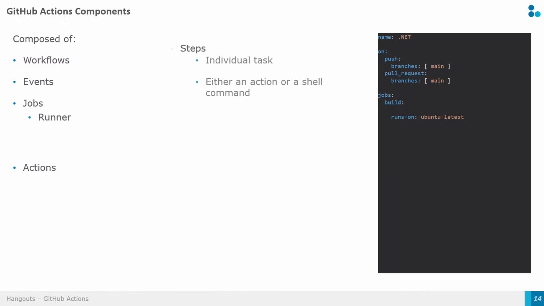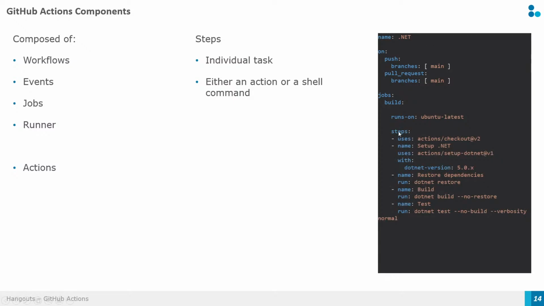Now the steps. The steps are the smallest part of the workflow. A step can be either an action or a shell command. So you can run a bash script or a PowerShell script or something like that. Or you can use an action.